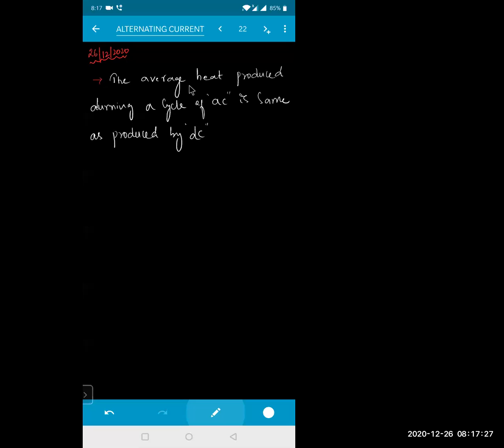That means in one complete cycle, when current is flowing, whatever amount of average heat is produced will be the same as the heat produced by your DC.